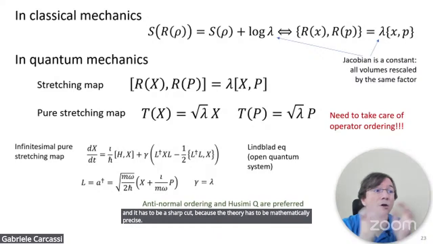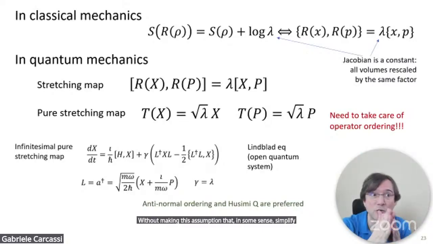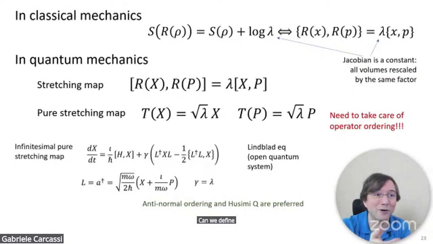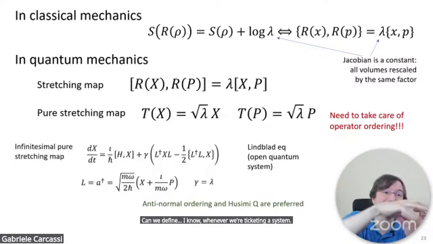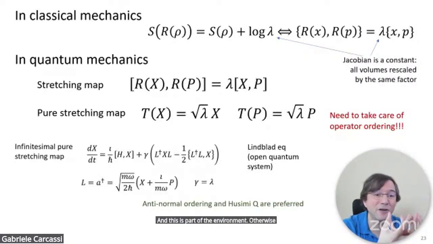So it could be that there is no way of doing this without making this assumption that in some sense simplifies and also makes sharp the division, for example, between system and environment. Whenever we're taking a system, we have to define, okay, this is part of the system and this is part of the environment. Otherwise, how can I define a notion of a state?